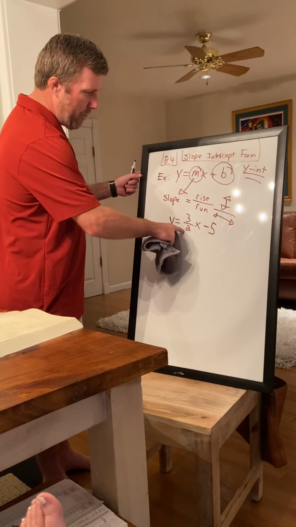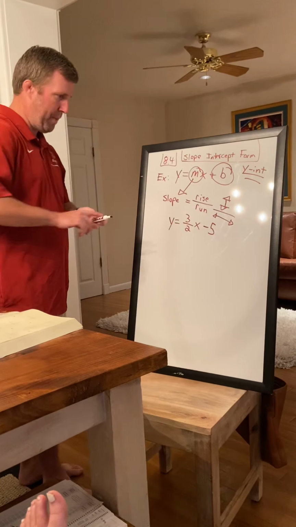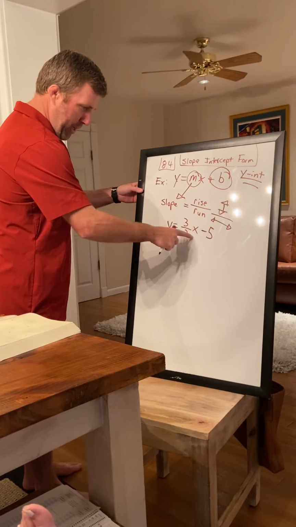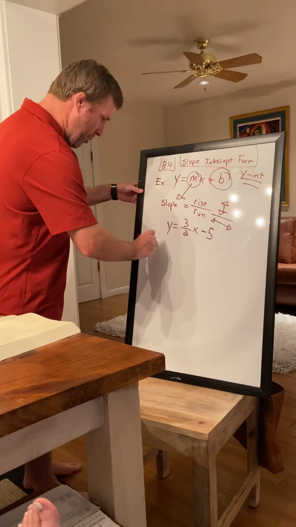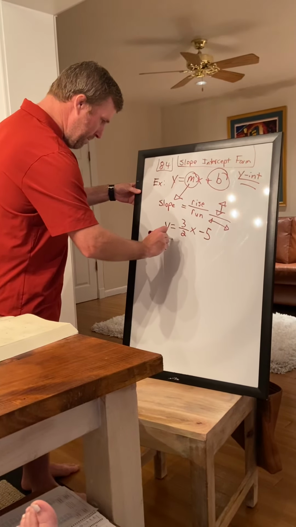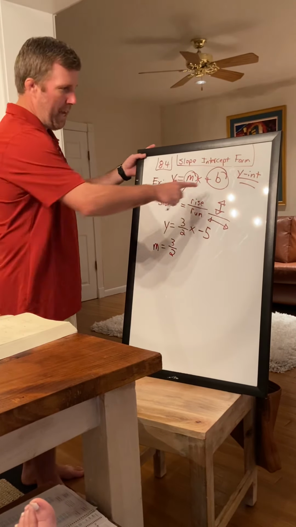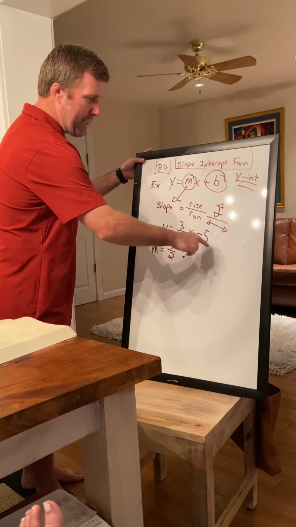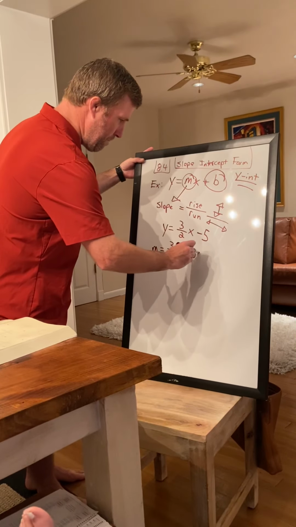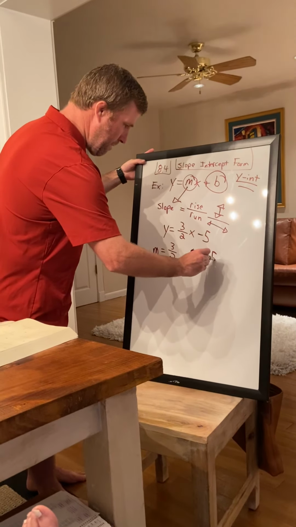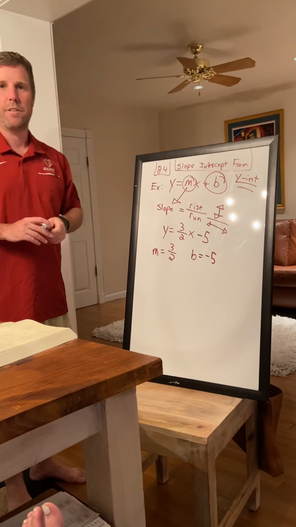Y equals 3 over 2x minus 5. I know the m is what's in front of the x, so the m is 3 over 2. And the b is the number by itself. The b is negative 5.